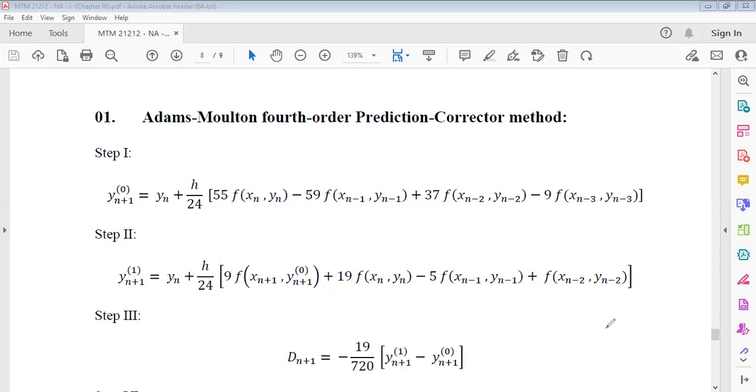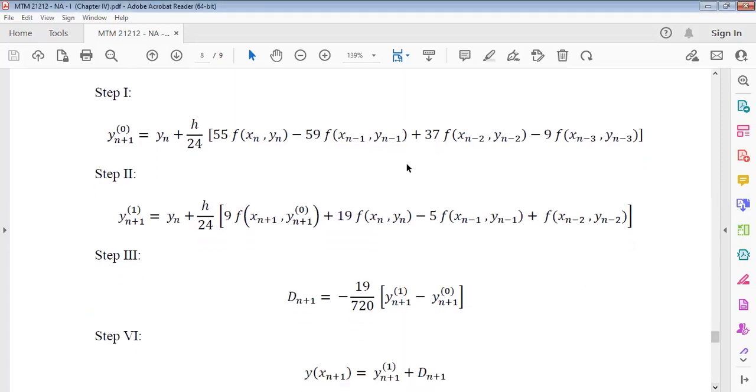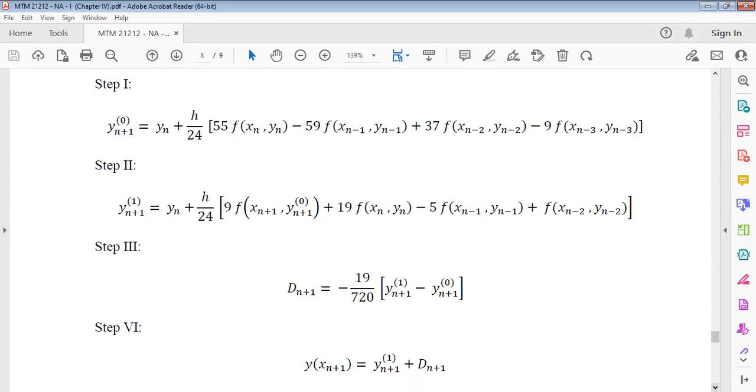This one has four steps. These are the four steps you have to consider to solve the Adams-Moulton method. The derivation and such are not in your course, but if you are interested, you can go through some books to see how they got this.